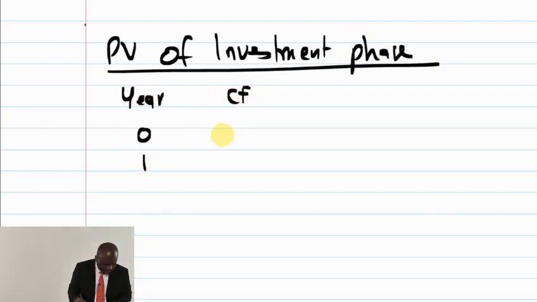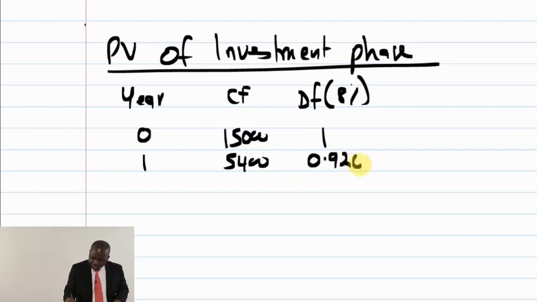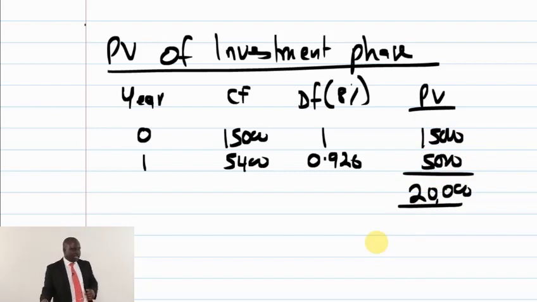Cash flows giving us 15,000 and then 5,400. Discount factor 8%: year 0, obviously 1. Year 1, 0.926. What is the PV? 15,000 and then 5,000. Sum it up. The PV of my investment phase is 20,000.